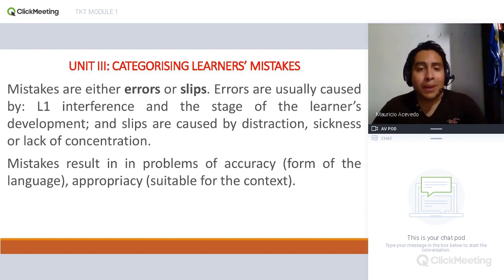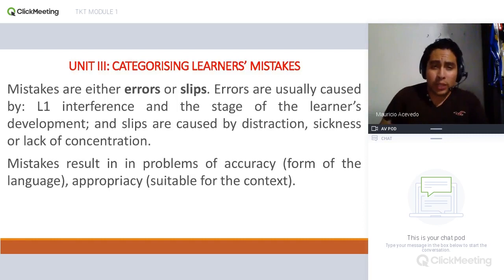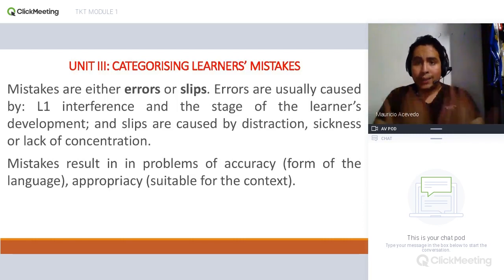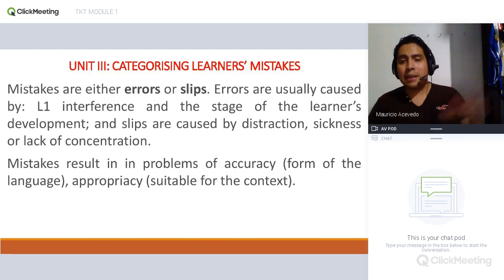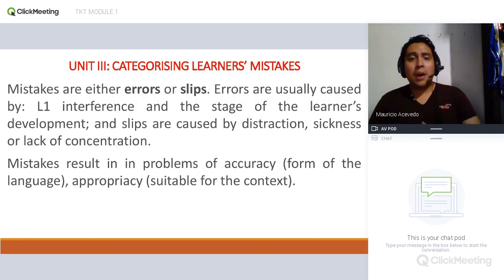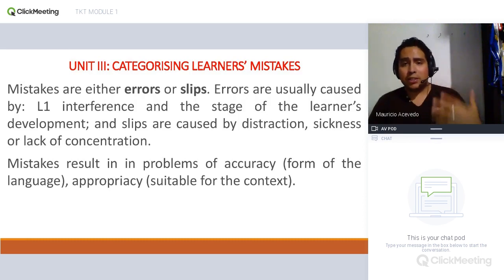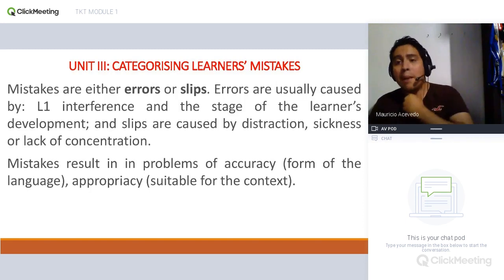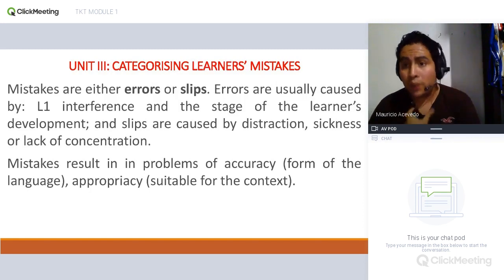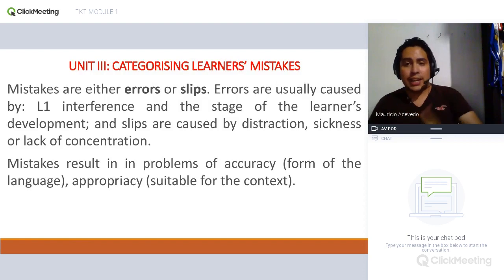Remember, slips are caused by distraction, sickness, or lack of concentration. A slip is when the student knows, or you know that he knows, but in this case, he made a mistake. I don't know how, I don't know why. Maybe because he was distracted, he didn't care, he was sick, like maybe pronunciation, but maybe because the person has a cough and he cannot say the words properly.